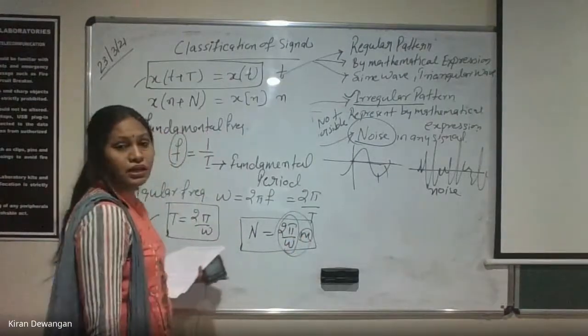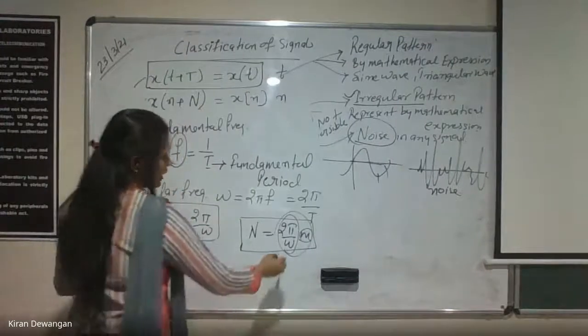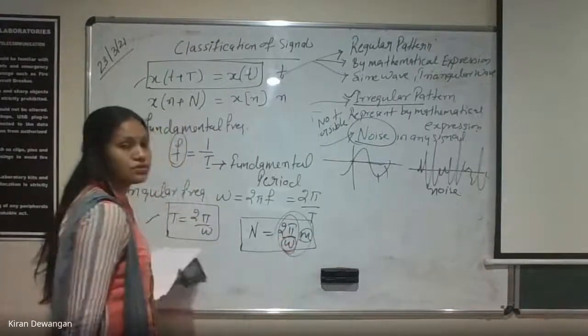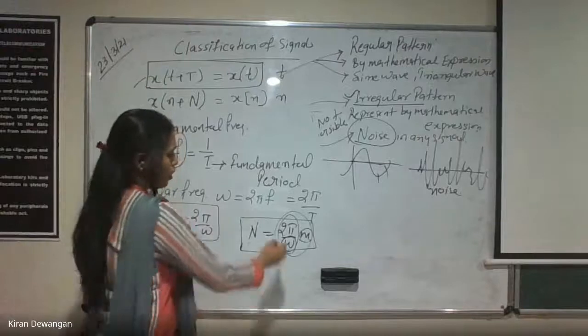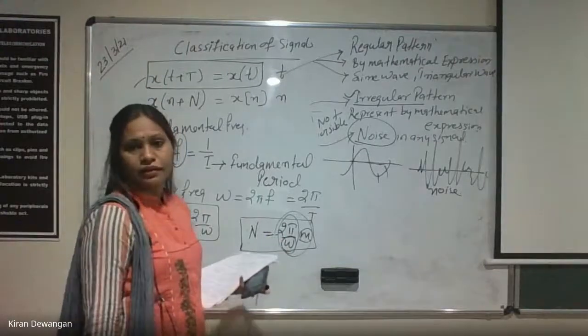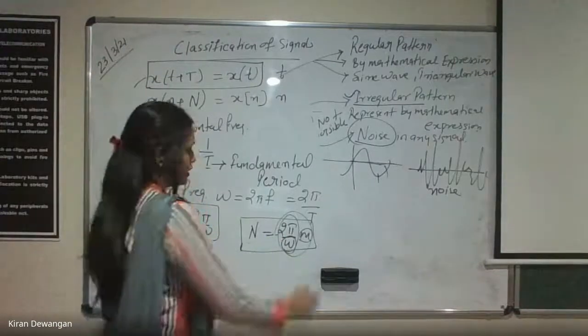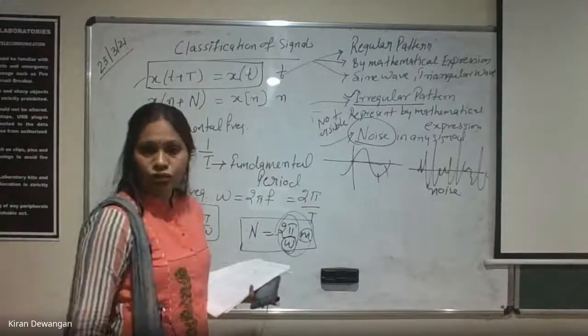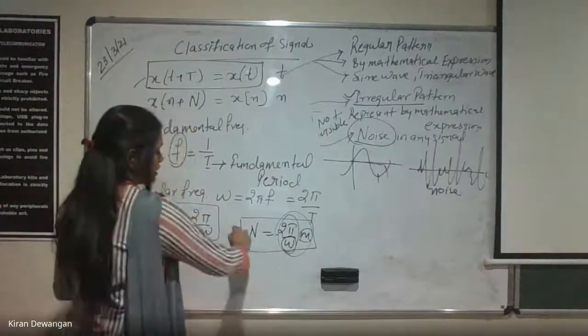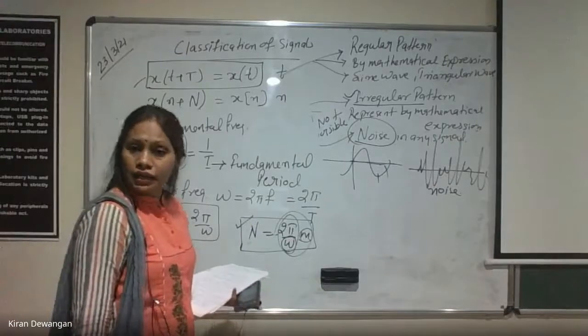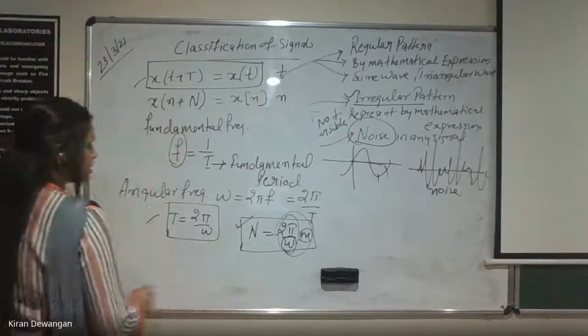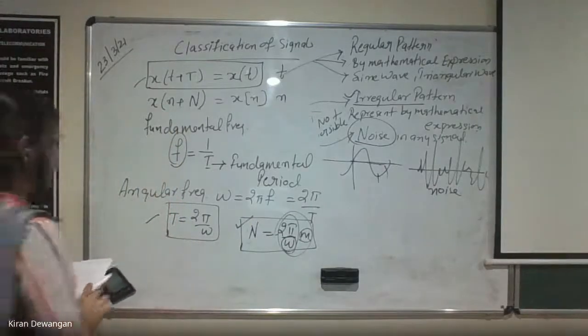This has to be an integer value, and along with that omega has to be a multiple of 2 pi, then only it is possible that this is periodic in nature. Clear? So this is the condition in terms of discrete.